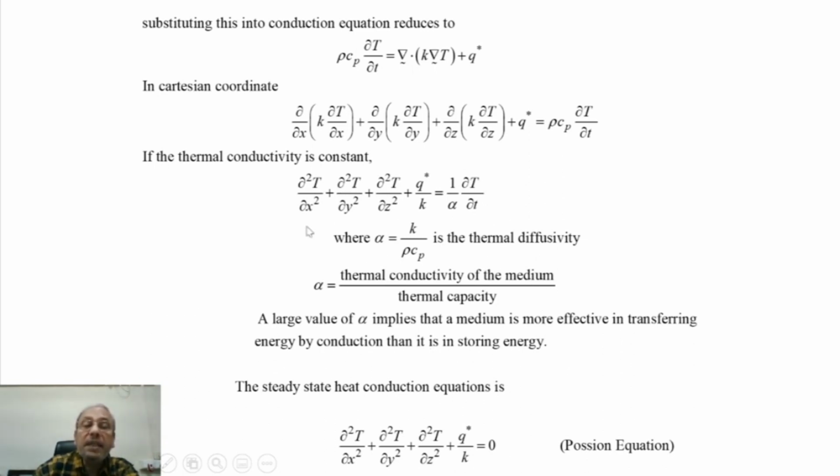Now, under the steady state condition, this temporal term can be dropped. We can write del 2T del x2 plus del 2T del y2 plus del 2T del z2 plus Q star by K equal to 0. This is Poisson's equation for temperature.